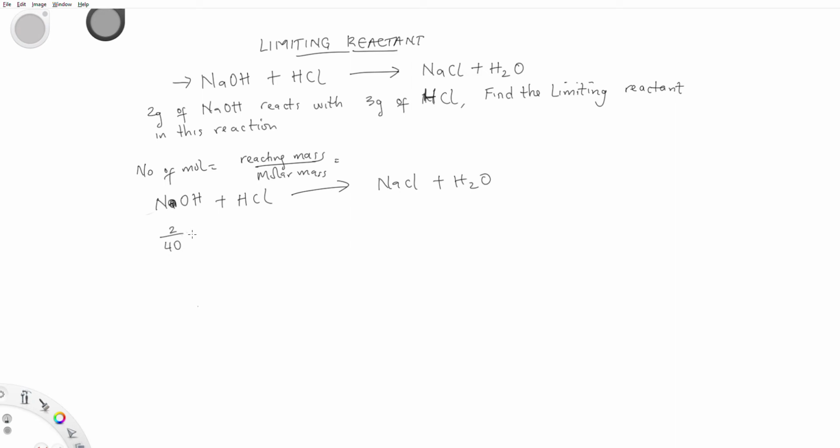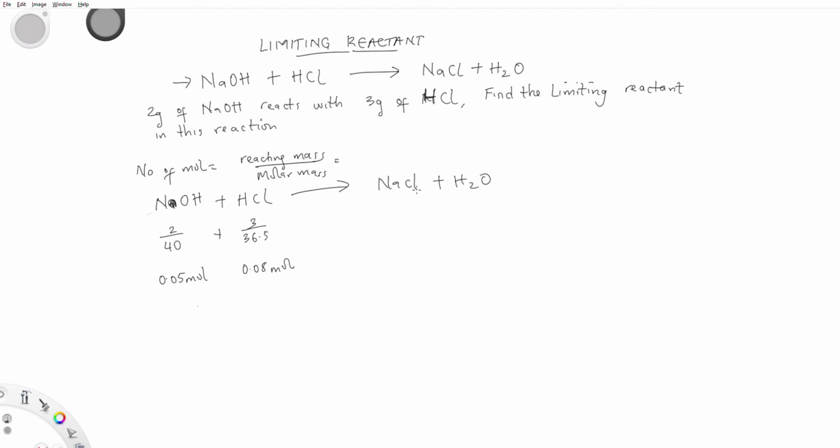I believe you remember that. So for sodium hydroxide it is 2 over 40, and for hydrochloric acid it is 3 over 36.5. Calculating this should give me 0.05 mole, and calculating this should give me 0.08 mole.